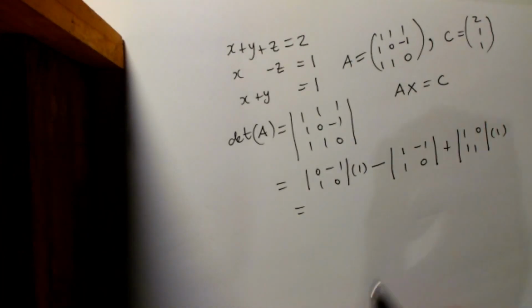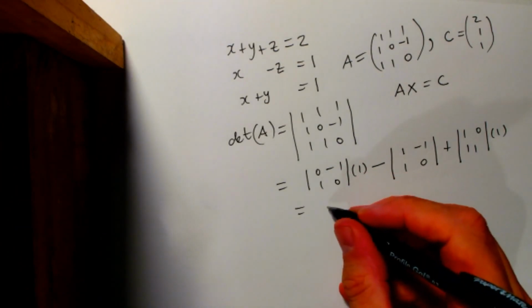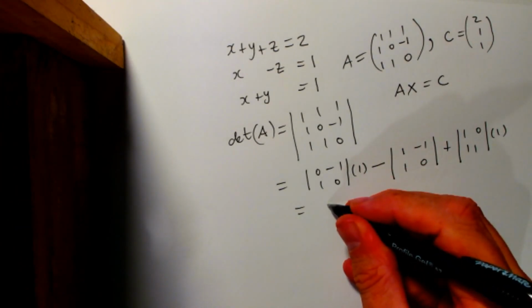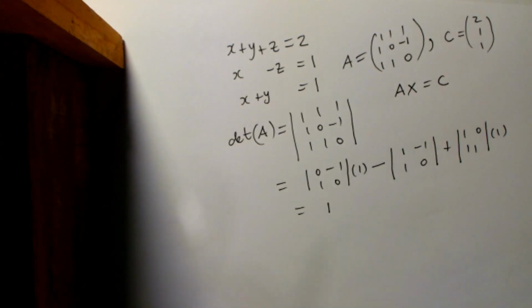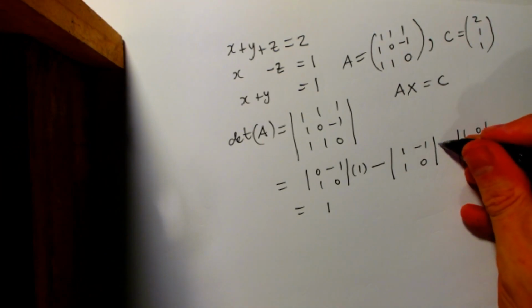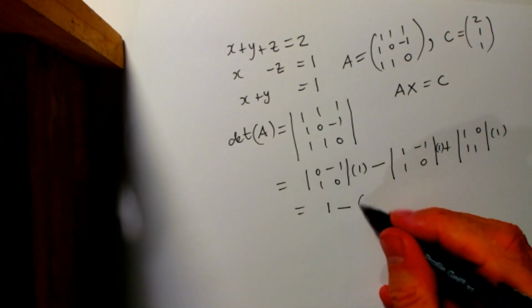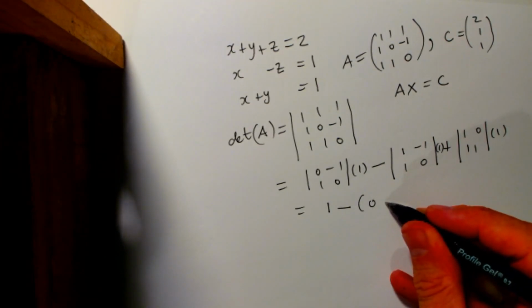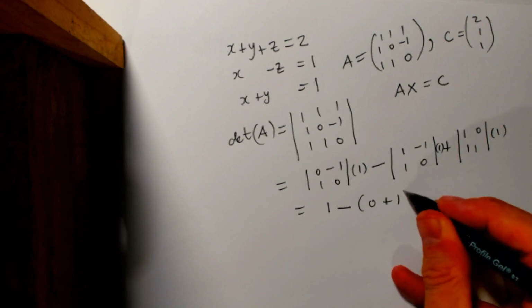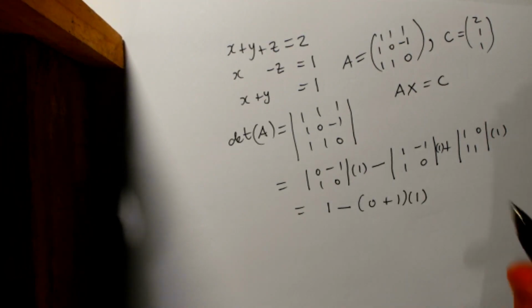Let's simplify this. So we've got 0 times 0 is 0, minus minus 1 is plus 1. So 1 times 1 is 1, and then this was supposed to be times 1 there. Okay, minus bracket 0 minus minus 1 is plus 1 by 1.